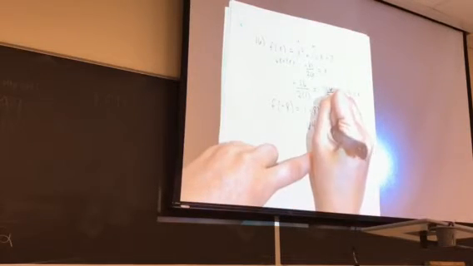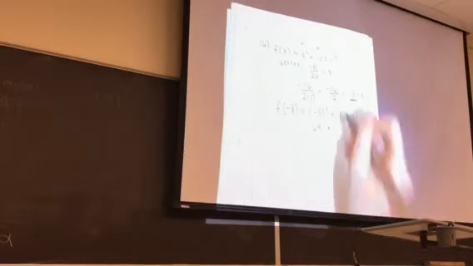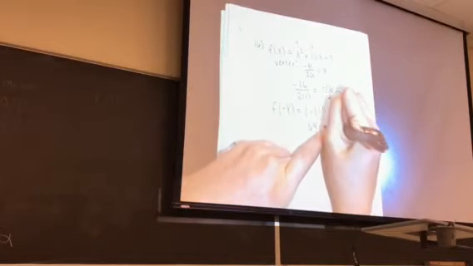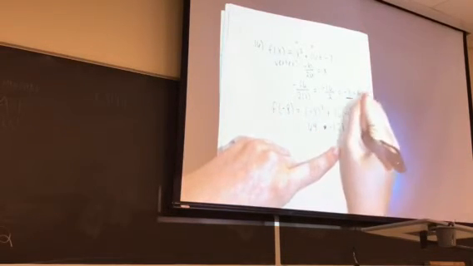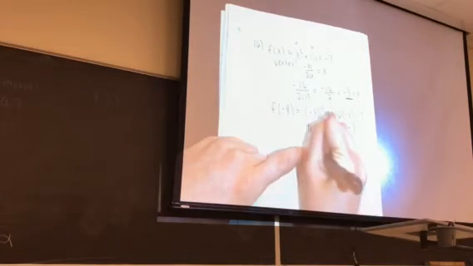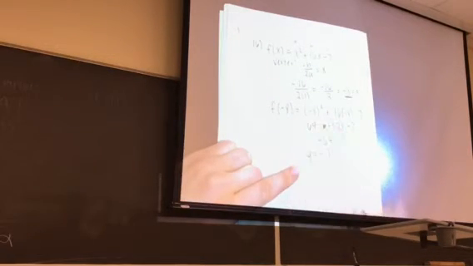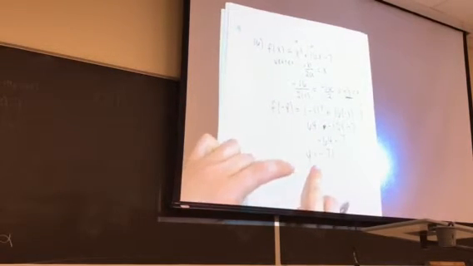Then 16 times 8 is 128, so minus 128 minus 7. Okay, that's negative 64 minus 7, which equals negative 71. That's what y is equal to, okay?